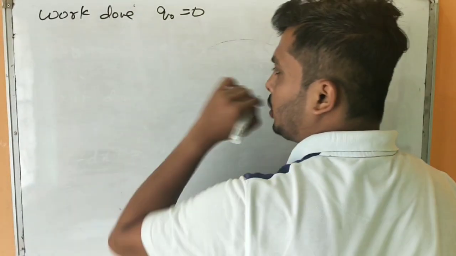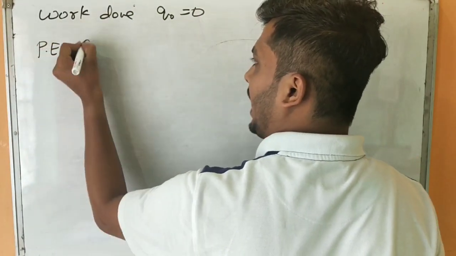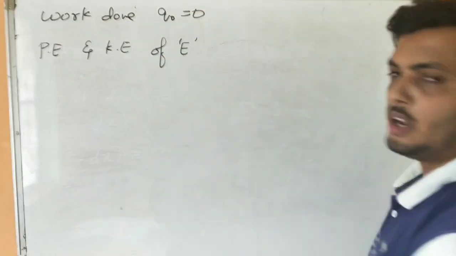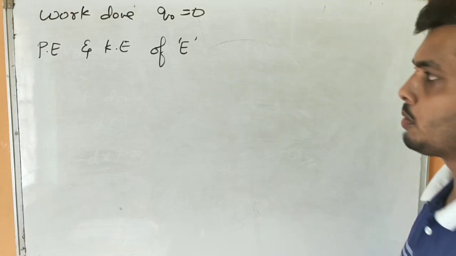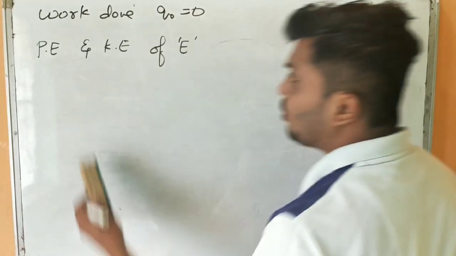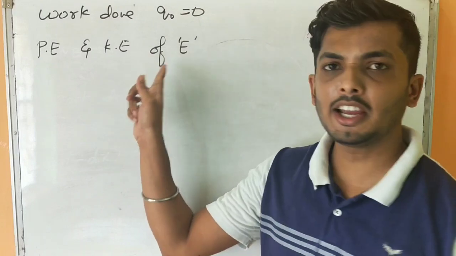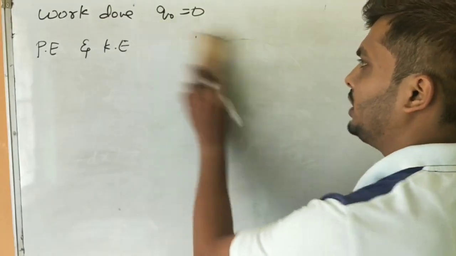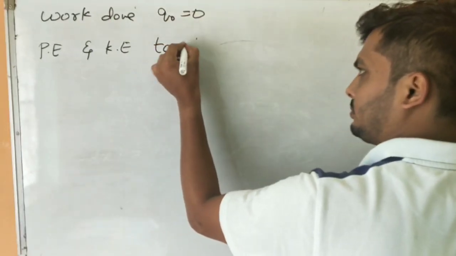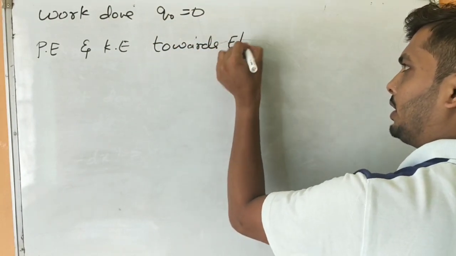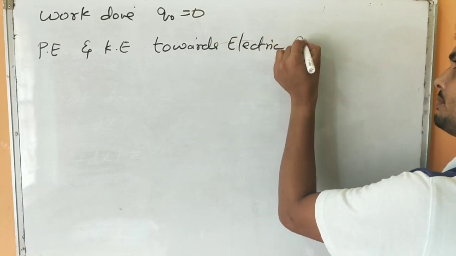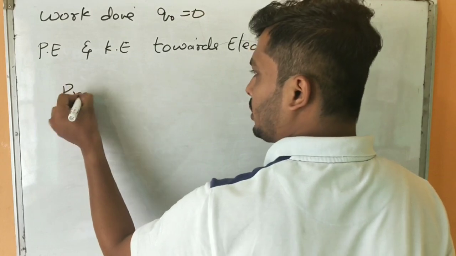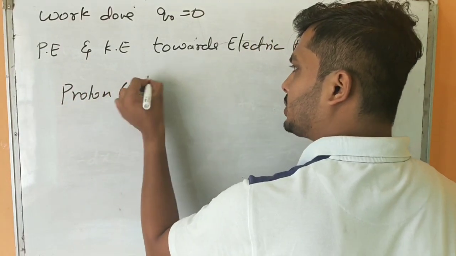Now, what will be the potential energy and kinetic energy of an electron and a proton moving in the direction of the electric field? Come on, tell me. See, students, I have a proton, which is a positively charged particle.